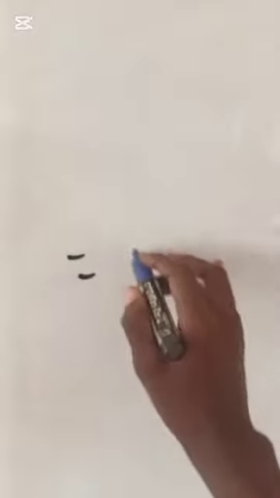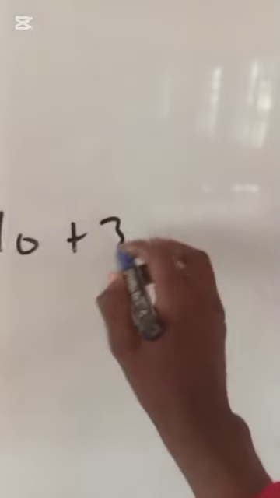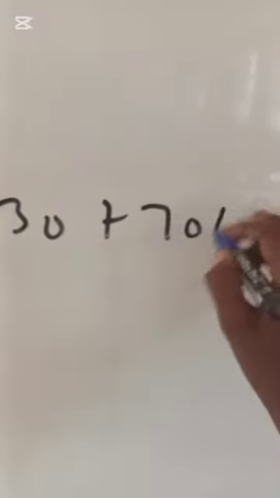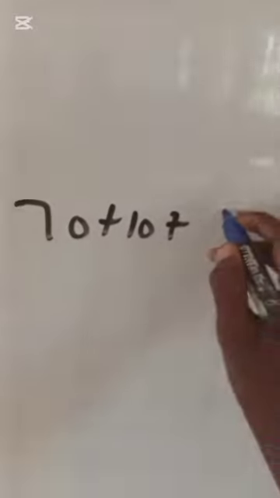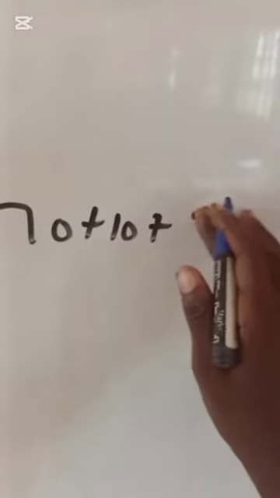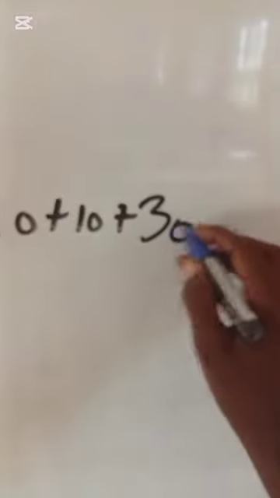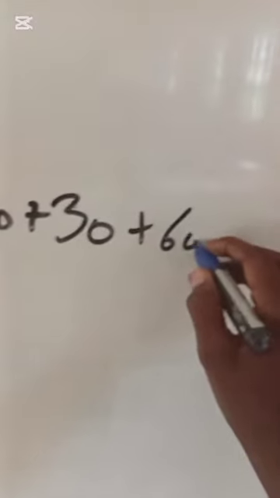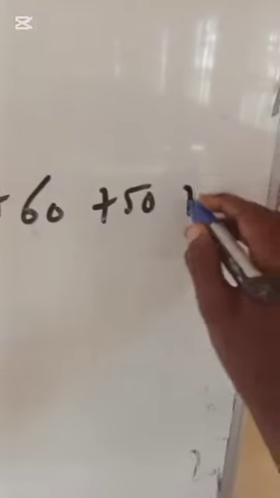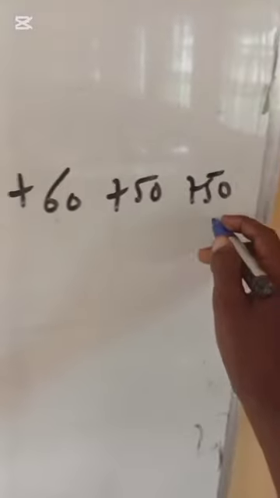Now, using the same formula, remember the numbers we're given are 90 plus 30 plus 70 plus 10 plus 30 plus 60 plus 50 plus 50. All of them are divided by that cycle time.